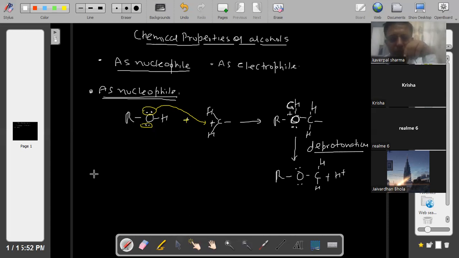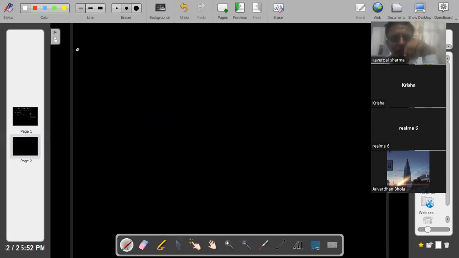Next one is as an electrophile. By this method, I mean to say, you will experience two kinds of chemical properties of alcohols.